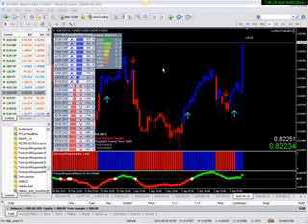I'm going to show you a few tricks and tips on how to set up this trading system to get the most out of it. First of all, this currency strength meter is really long. There's a lot of pairs that it's monitoring, so you want to squish it down so you can see most of it.